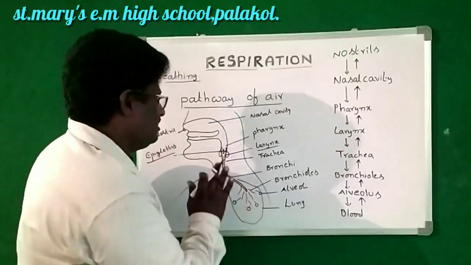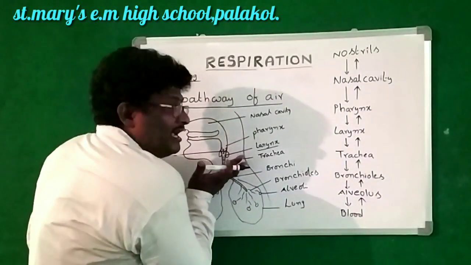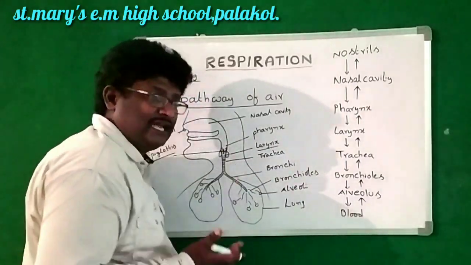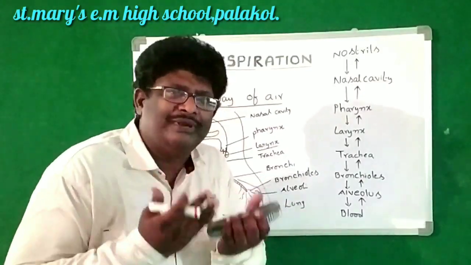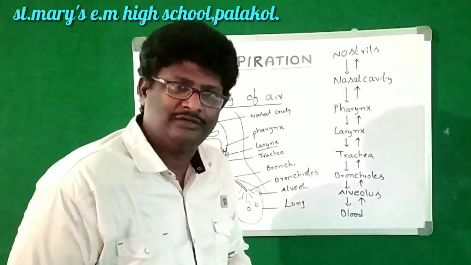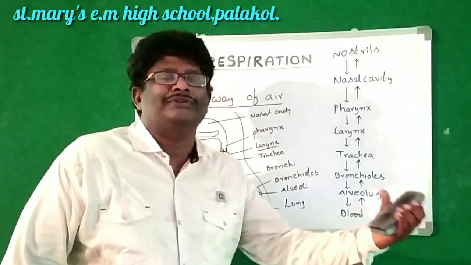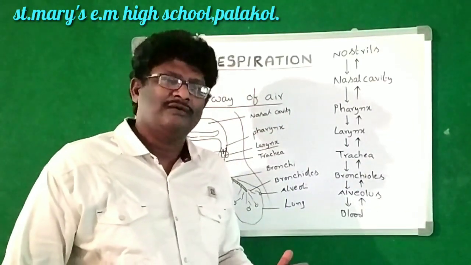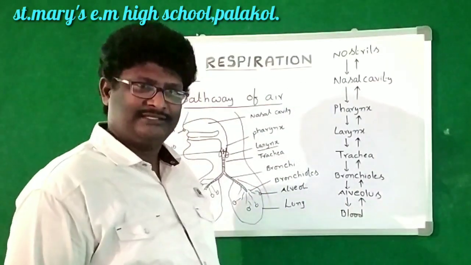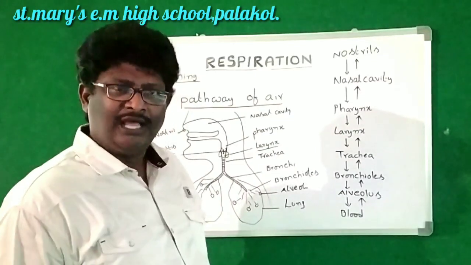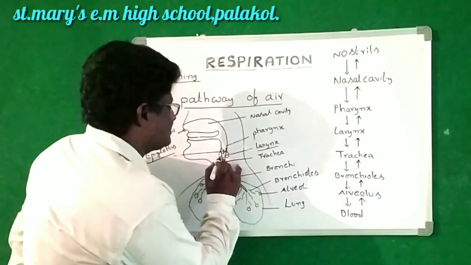When the air touches the vocal cords, they vibrate, and that leads to a sound. According to that sound only, we are talking to each other. The vocal cords are located in the larynx.